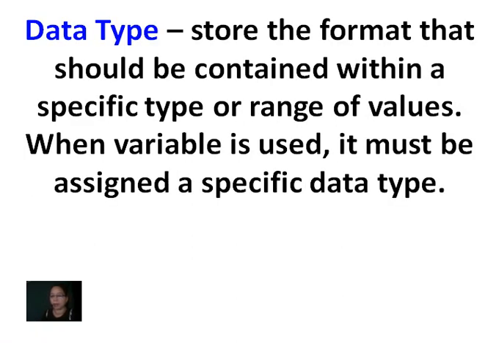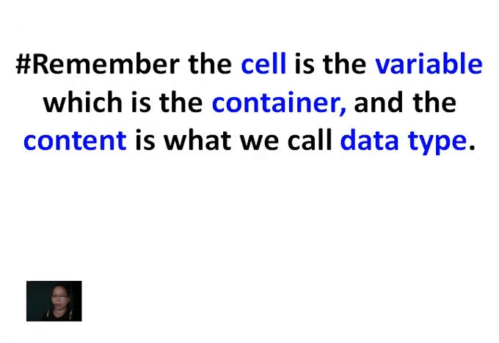A data type stores the format that should be contained within a specific type or range of values. When a variable is used, it must be assigned a specific data type. Remember, the cell is the variable, which is the container, and the content is what we call the data type.